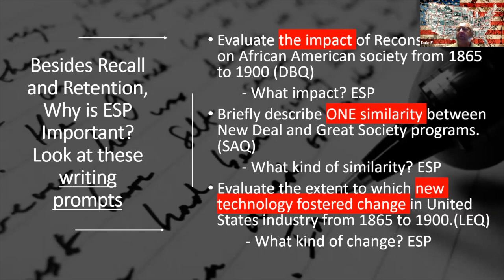What kind of economic change did that bring about? What kind of social change did that bring about? What kind of political change did that bring about? So just understanding the technology is not enough. You're going to have to be able to explain what kind of change, what was changing, what resulted from that. And again, using ESP will be very, very helpful in that regard.